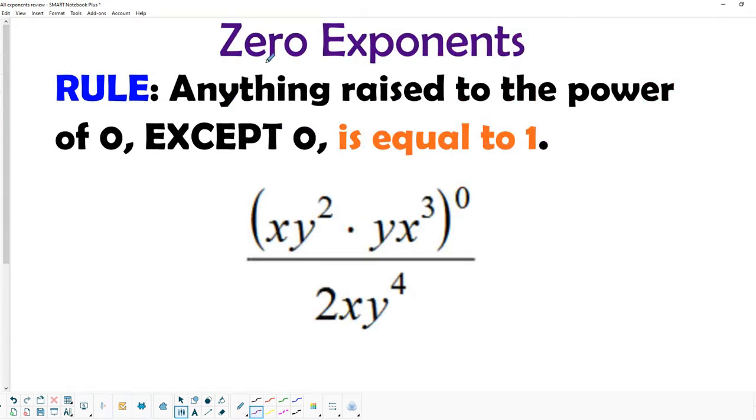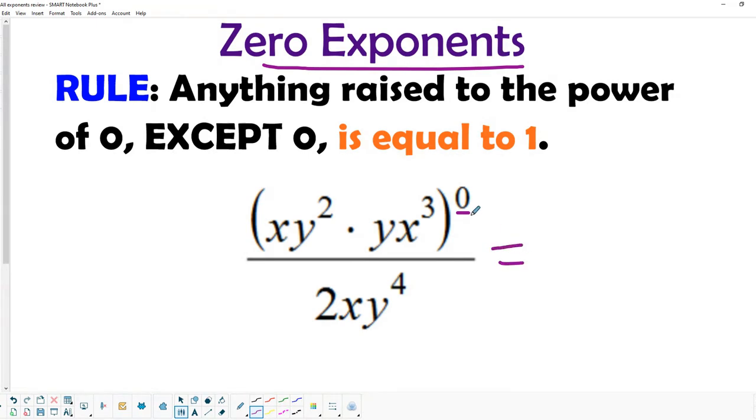The next property we talked about was the zero exponent property. And we mentioned that anything raised to the power of 0 except 0 is equal to 1. So if we look at this big expression, we might be intimidated by it. But we look out here and we notice, hey, that whole thing is raised to the 0 power.